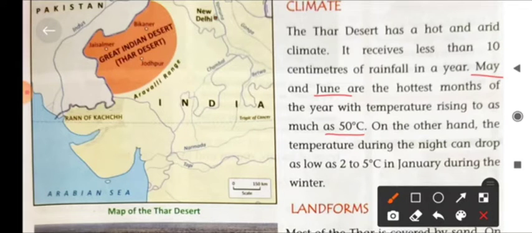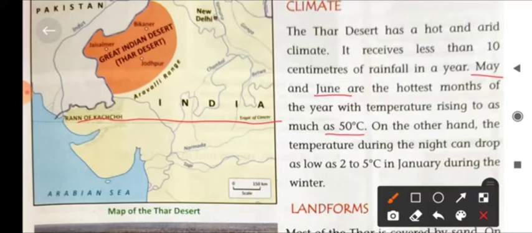May and June are also the hottest months of North India, because this region is north of the Tropic of Cancer line. Okay, and in these months the sun shines on the Tropic of Cancer slightly straight, so this region is very hot, and in summer North India receives very hot weather.